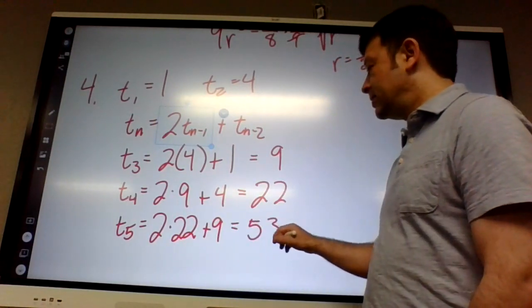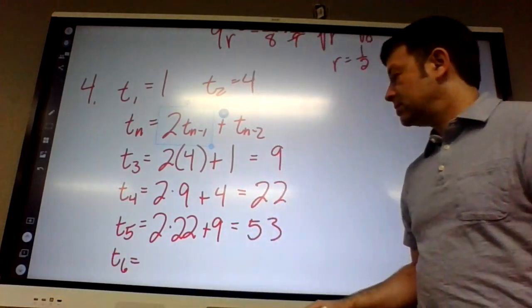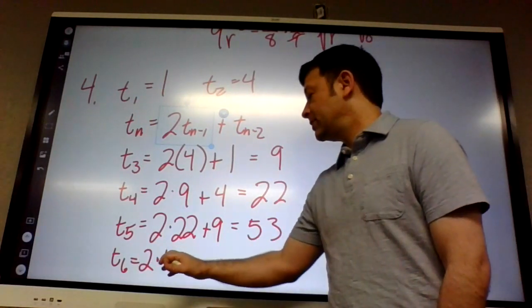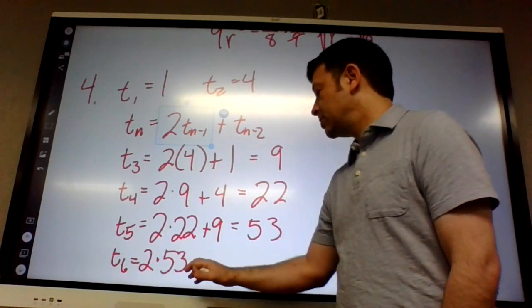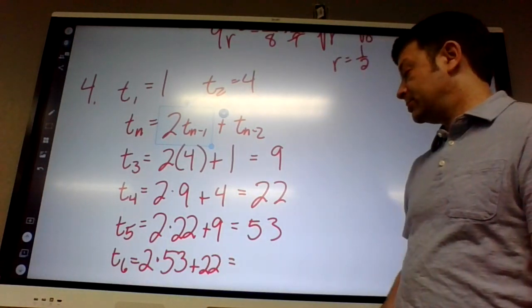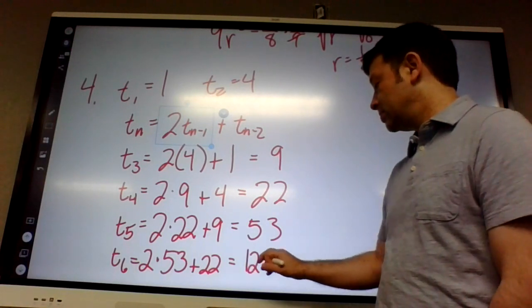Got 53. T sub 6, 2 times 53 plus 22. Getting big. 106 plus 22, 128.